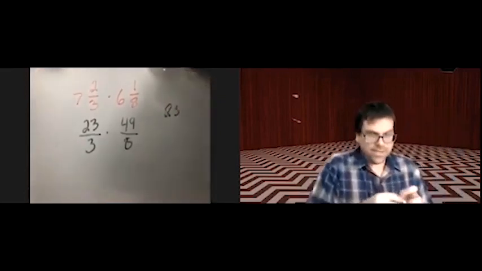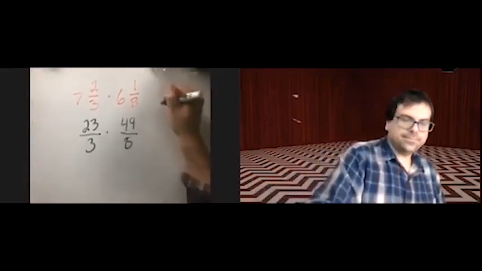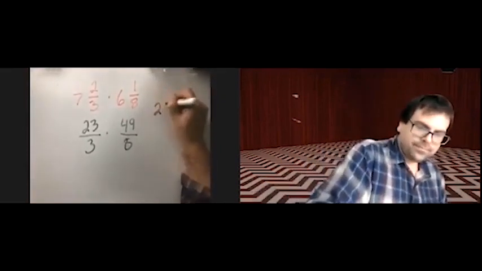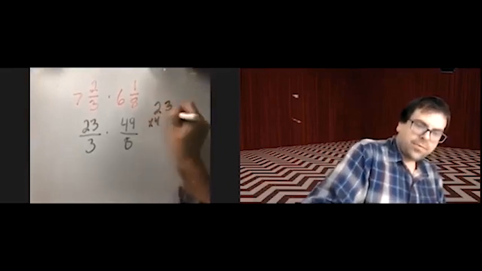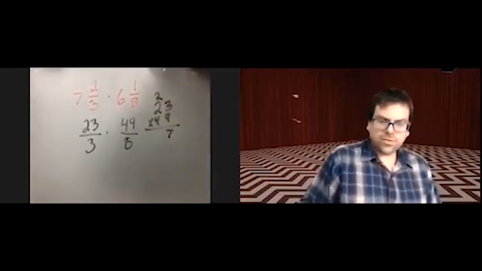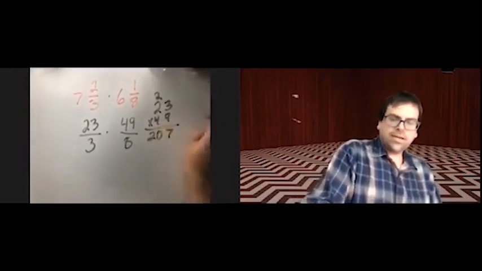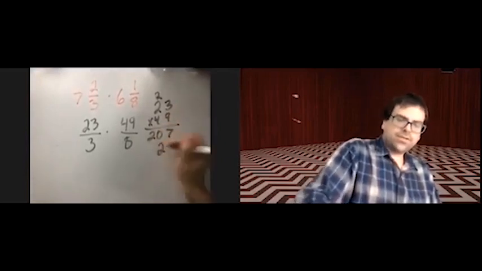So 23 times 49. 9 times 3 is 27. Carry the 2. 9 times 2 is 18 plus 2 is 20. 4 times 3 is 12.